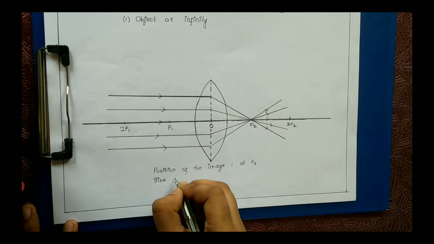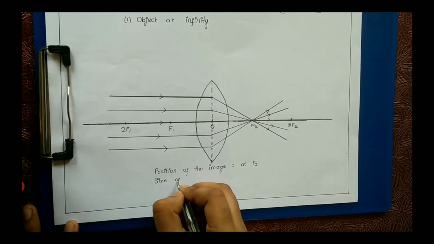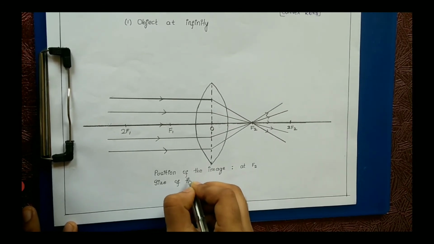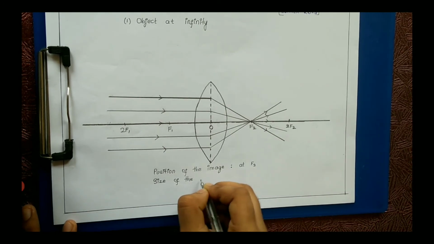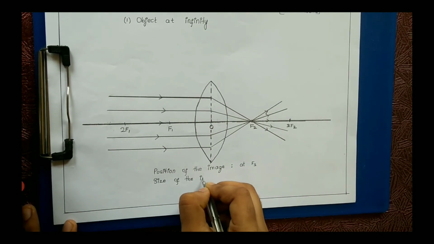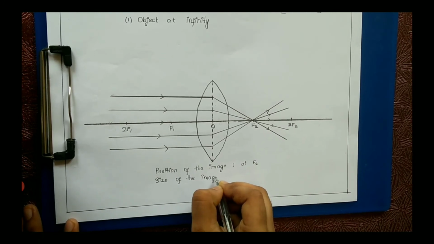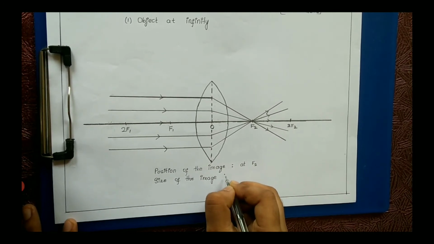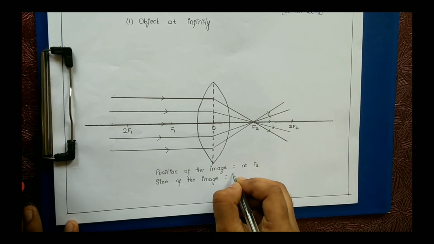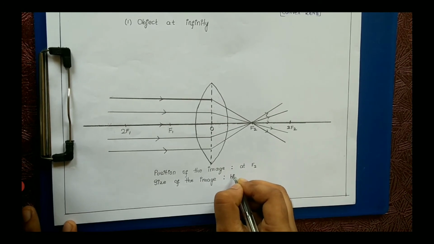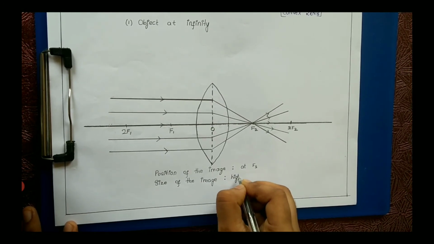Next also you write the size of the image. You know that it is a highly diminished image. Size of the image is highly diminished.